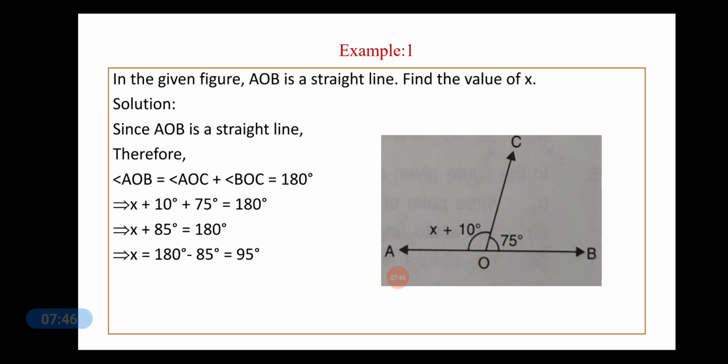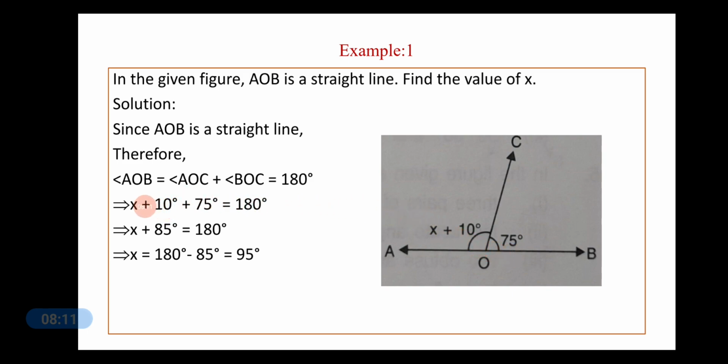Now we know that angle AOB is a straight line or a straight angle. So whatever angles are present on this straight line, their sum is equal to 180 degrees. So angle AOC and angle COB will be equal to 180 degrees.